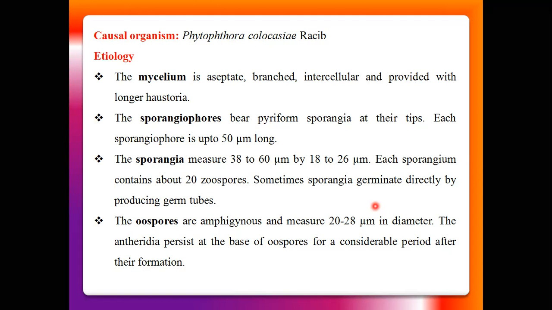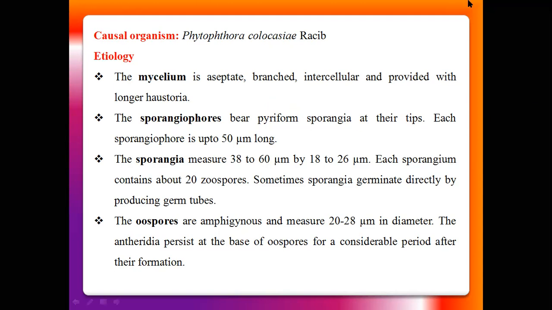So Phytophthora colocasiae is the fungus responsible for producing this type of infection in Colocasia. The fungus reproduces by two methods, sexual reproduction as well as asexual reproduction, generally seen in Phytophthora colocasiae.